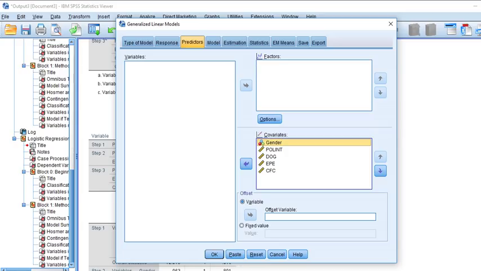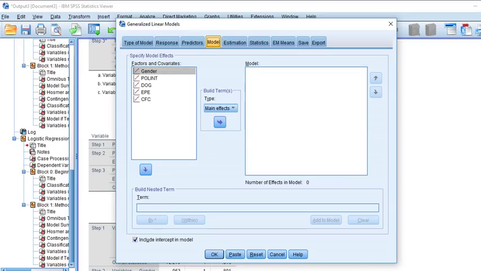But if I happen to have another variable, like party identification, where I had Republicans, Democrats, and Independents, I could include dummy variable versions that incorporate the grouping information into the covariates box, or I could just move the general party identification variable over to the factors box and run it that way. We're not really doing that in this particular case, but I just want you to know that that is an option.